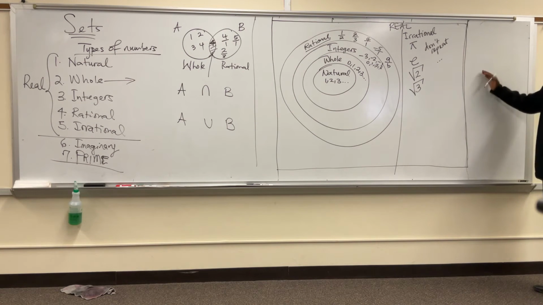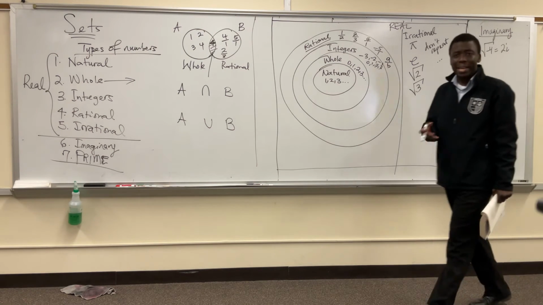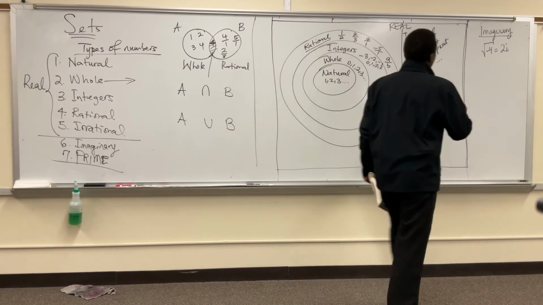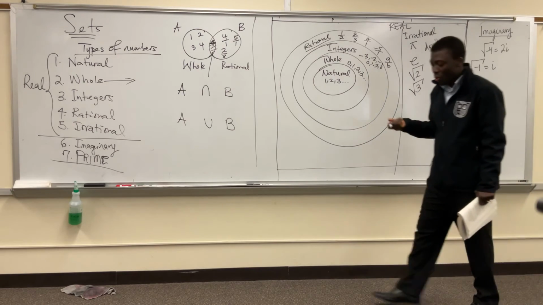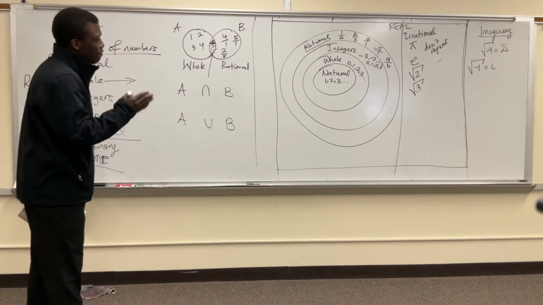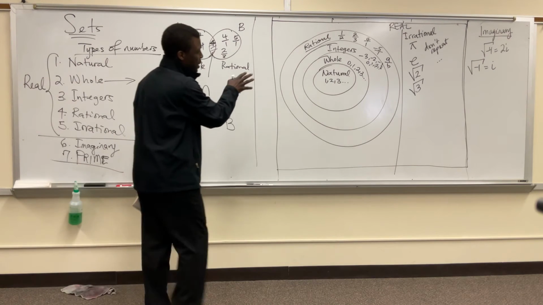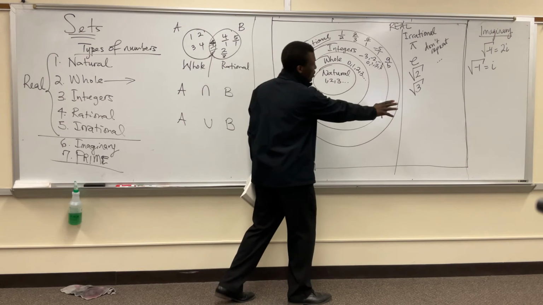Outside of the real numbers is where you have imaginary numbers. That would be the square root of -4, which would be 2i. And when i is used, the square root of -1, that would be imaginary. So we have real numbers, we have imaginary numbers, and we have all these categories of natural, whole, integers, rational, and then irrational.